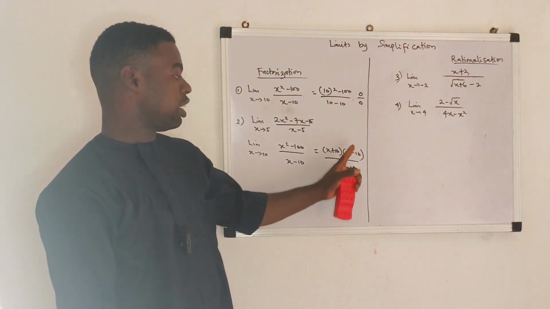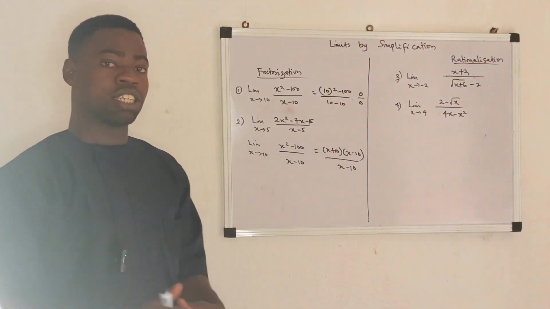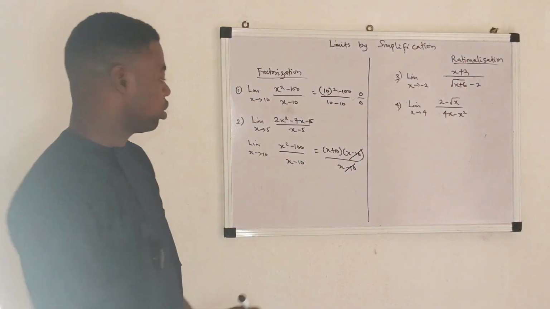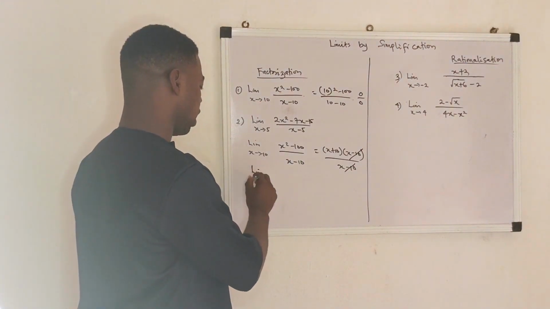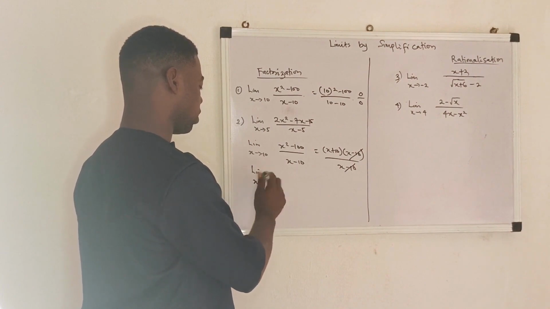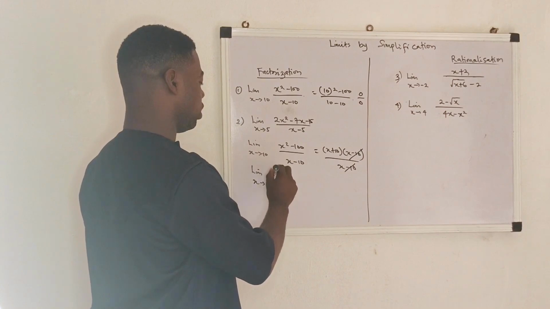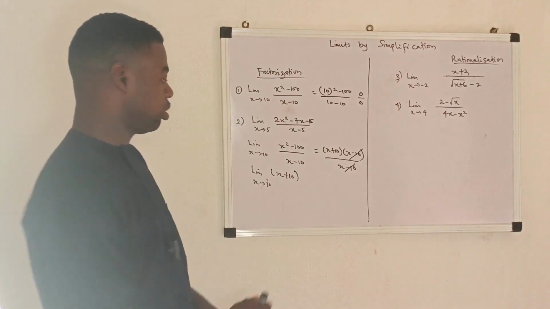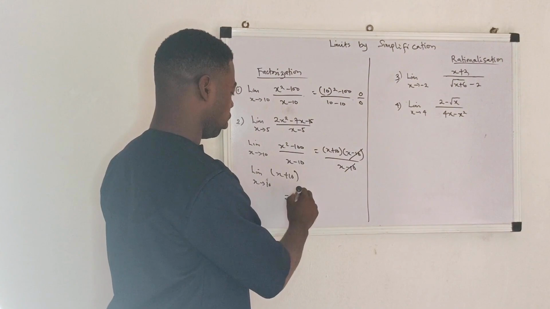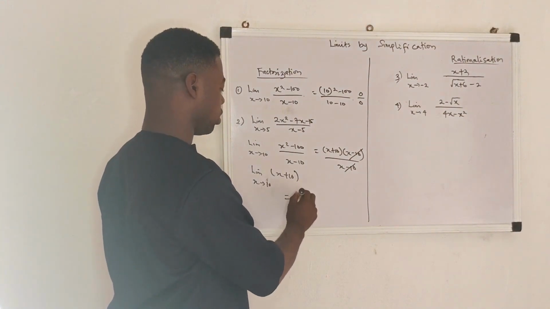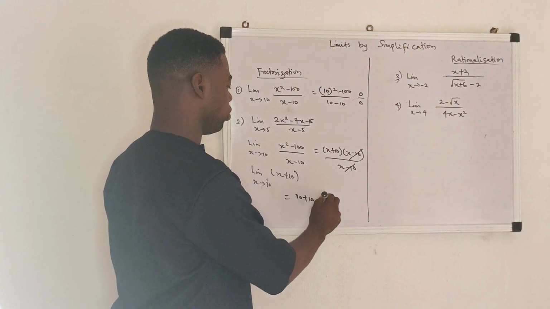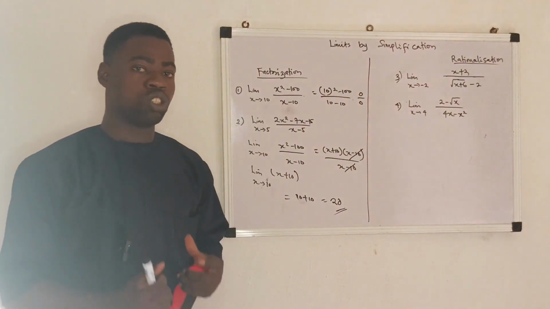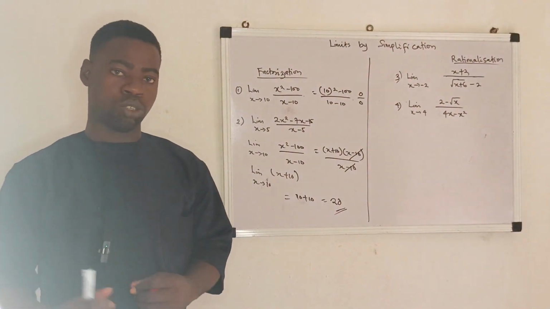Now we have x minus 10 on top and bottom, so we can cancel out. What you're left with is the limit as x approaches 10 of x plus 10. For x, you put 10, so this becomes 10 plus 10, which is equal to 20. Exactly. That's how you evaluate using the factorization method.